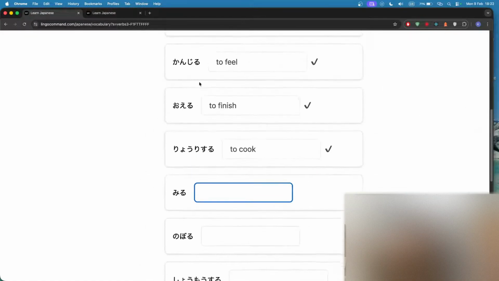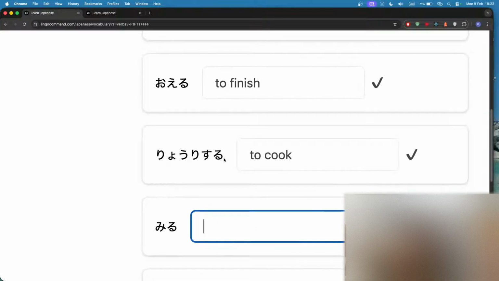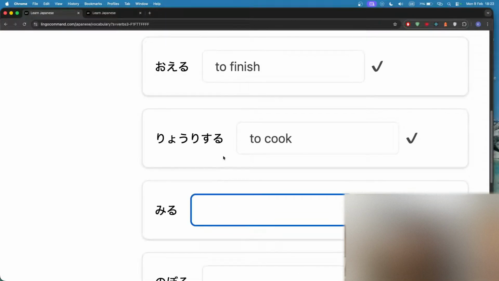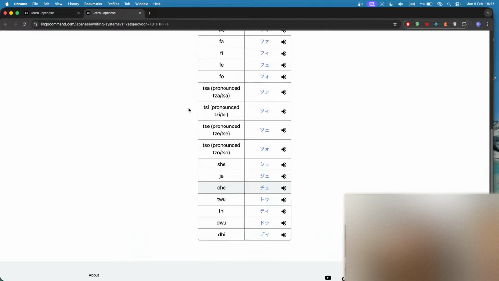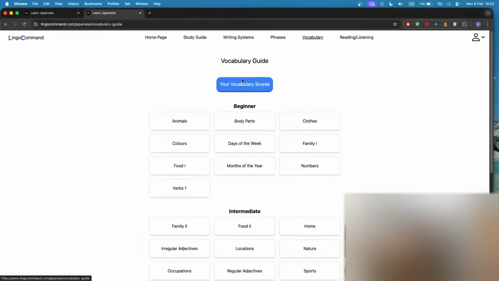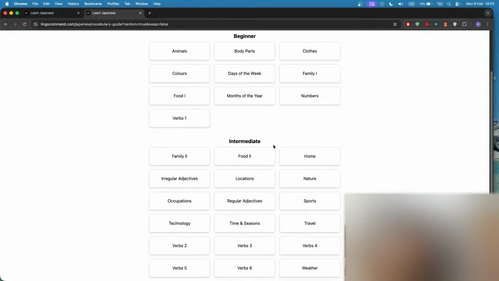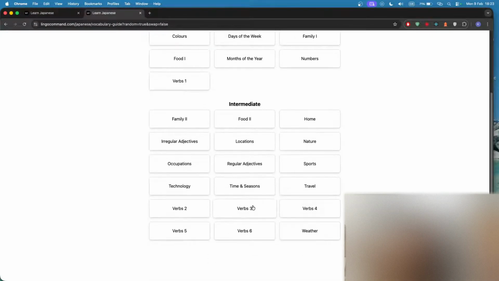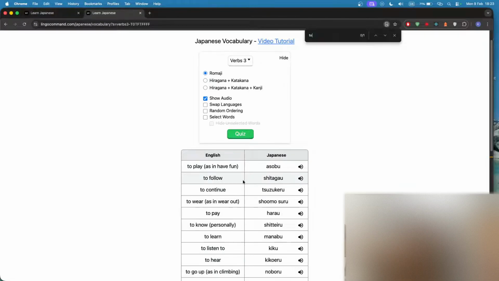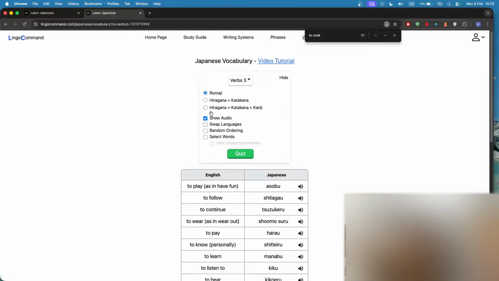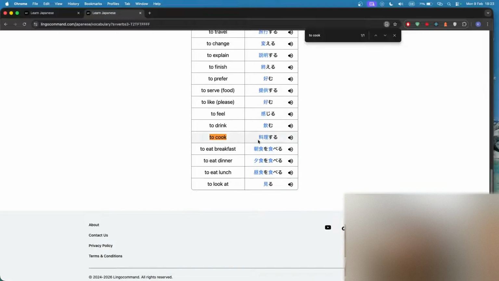The real question is, someone explained to me yesterday, when you add suru at the end, it takes a Chinese noun and turns it into a Japanese verb. So it's worth investigating. What does ryori mean as a Chinese noun? So let's go to verbs 3 and go to cook. And we want to select the katakana here.